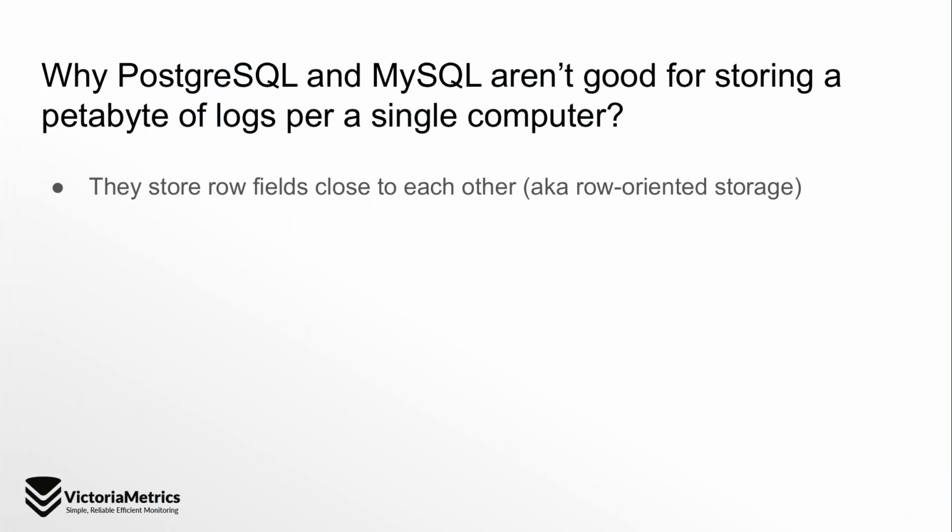So the first problem is that traditional databases store rows in row-oriented format. This means that they literally store every field for every row, one after another, physically on disk. Why is it bad?